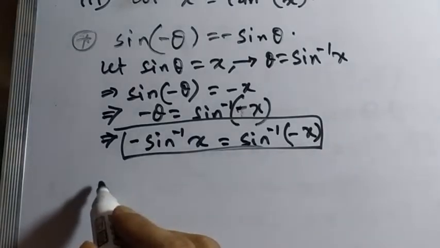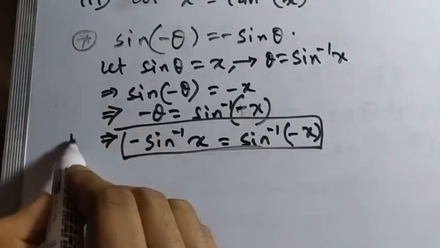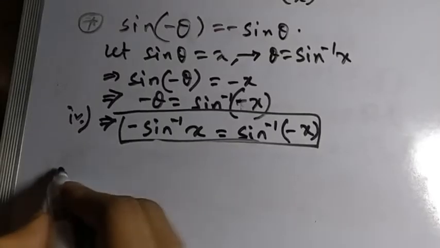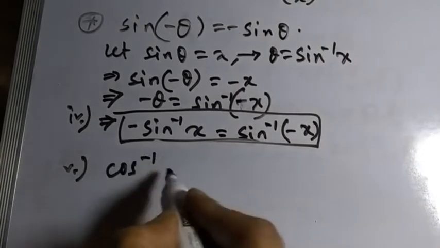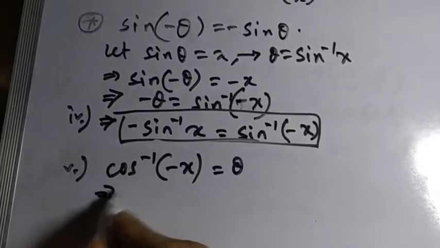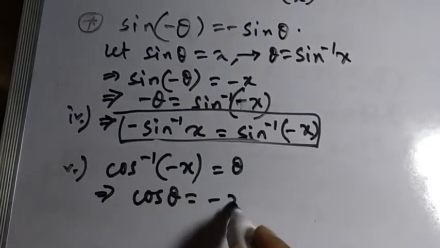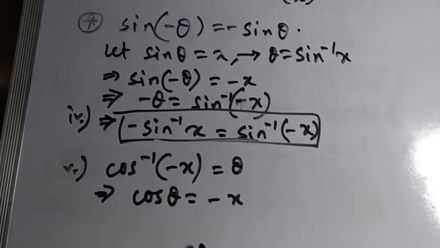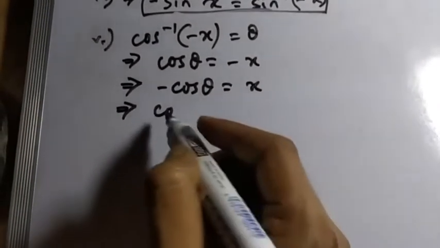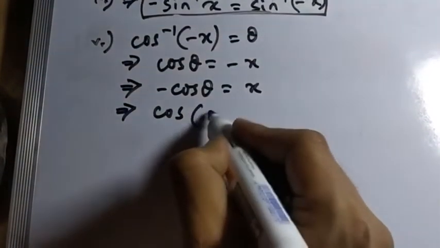And similarly, this is number 4. Similarly for cos, what can we get? We have to find some formula for cos inverse of minus x. So if it is theta, then we can write cos theta equals minus x. And if we take this minus to this side, then we can write this as cos of pi minus theta equals x.